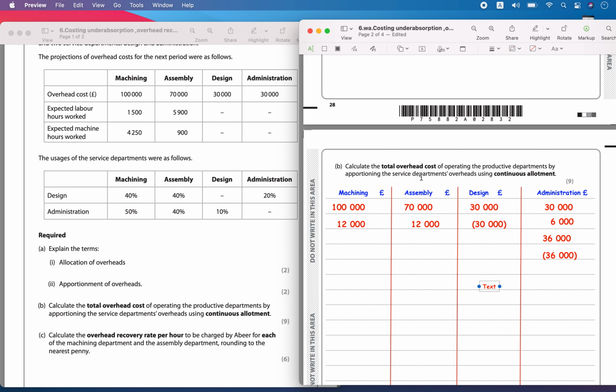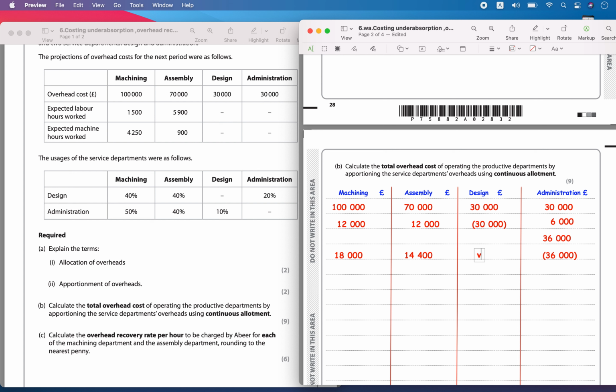Now let's write these values here. The first one is 18,000, then you have 14,400, 14,400, and the next one is 3,600.